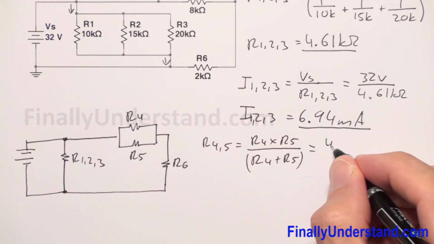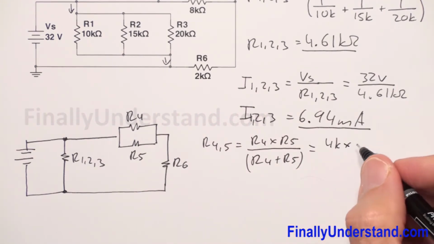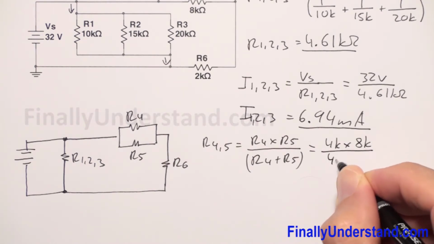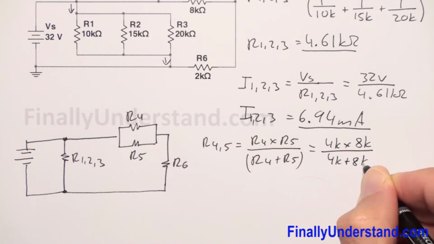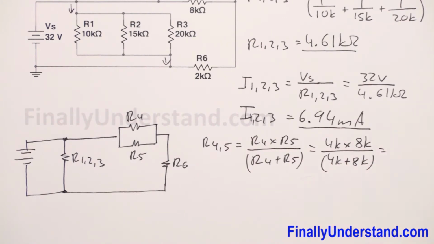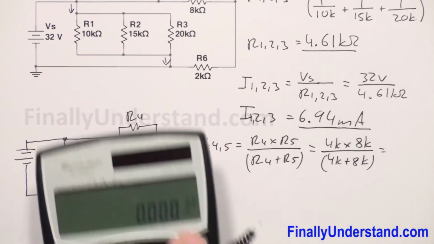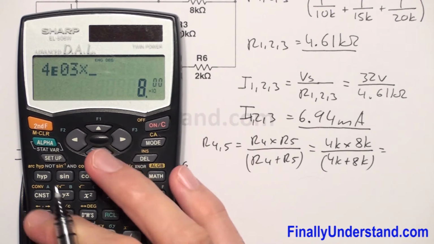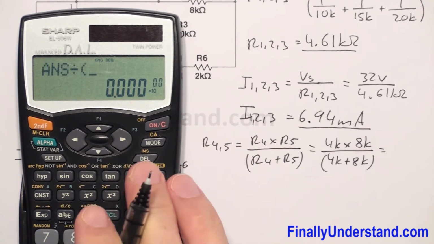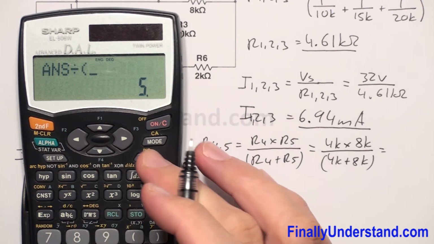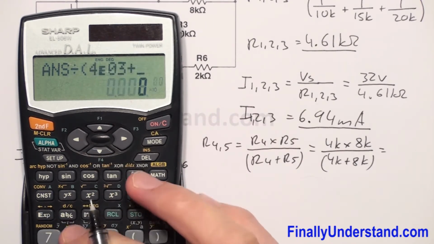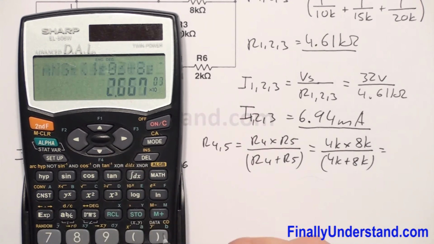R45 is equal to 4k times 8k over 4k plus 8k. This is equal to 4 exponent 3 times 8 exponent 3 divided by, open parenthesis, 4 exponent 3 plus 8 exponent 3, close parenthesis.